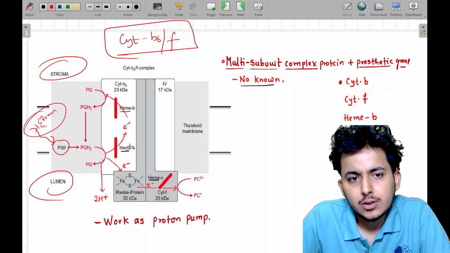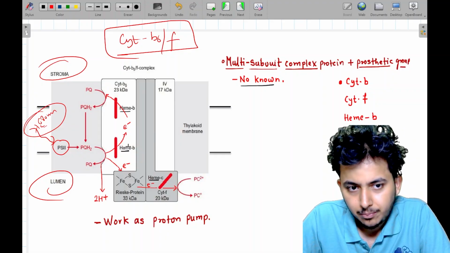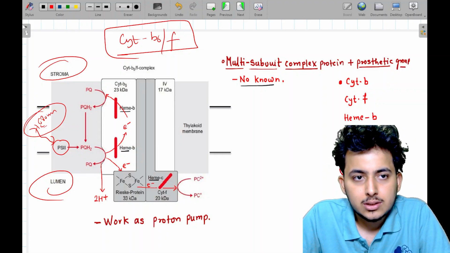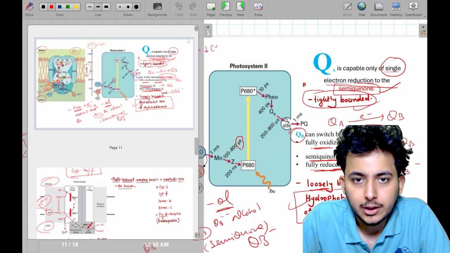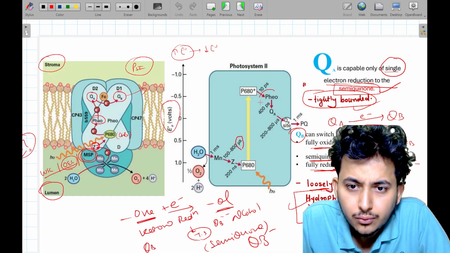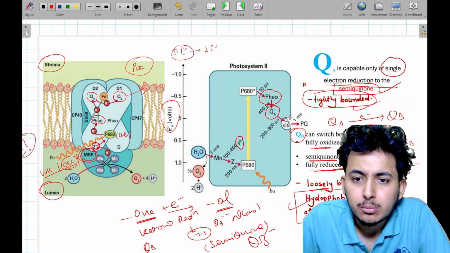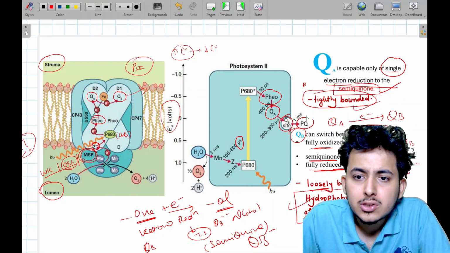Mainly, the first thing is that you pass the electrons to pheophytin, then to QA, that is quinone A, then to quinone B, and then to plastoquinone.